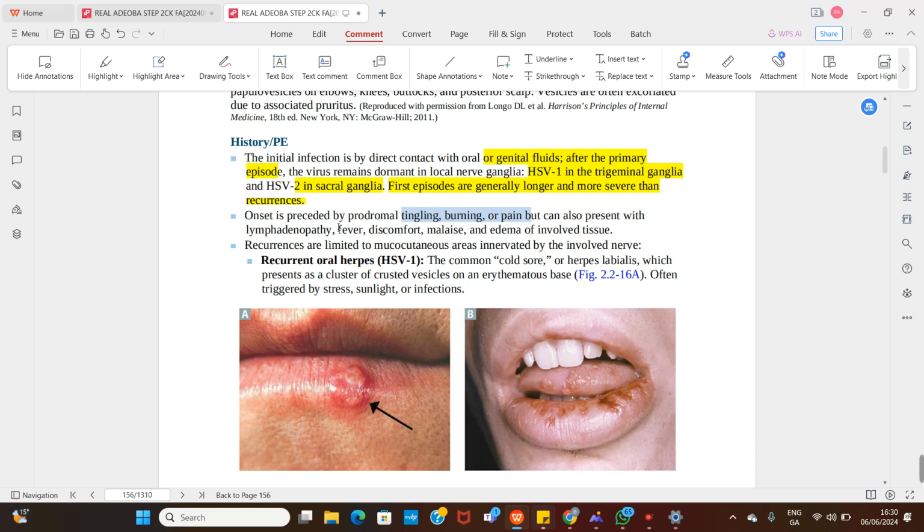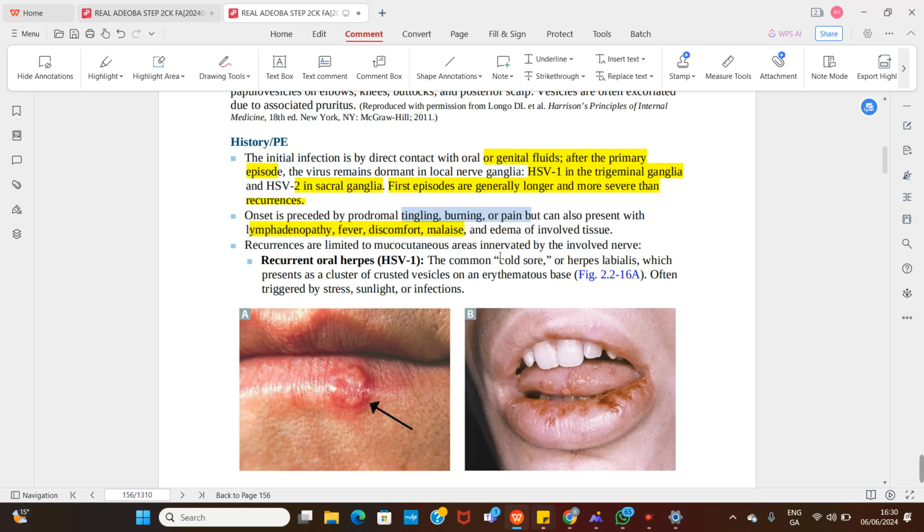And sometimes you might get some prodromal manifestations before the lesions start appearing. You can see tingling, burning sensation, and pain in that area, particularly the genital area, before you see the ulcers, like the vesicles forming. The individual can also have some systemic manifestations like fever, lymphadenopathy, and malaise. We don't really need all these things; they are just secondary.